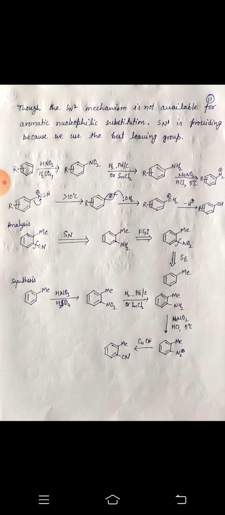First after the nitration of the benzene ring we get the nitro group with the benzene ring. Then we reduce this nitro group into NH2 group. Then in presence of NaNO2 HCl, and the temperature should be below 5 degree, then we get the diazonium salt.